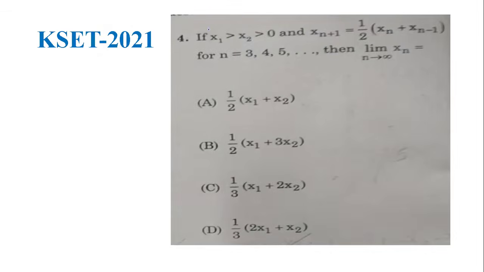Next, if x1 > x2 > 0 and x_{n+1} = 1/2 (x_n + x_{n-1}) for n = 3, 4, 5 and so on, then what is the limit of x_n as n tends to infinity? They are asking the value of this.